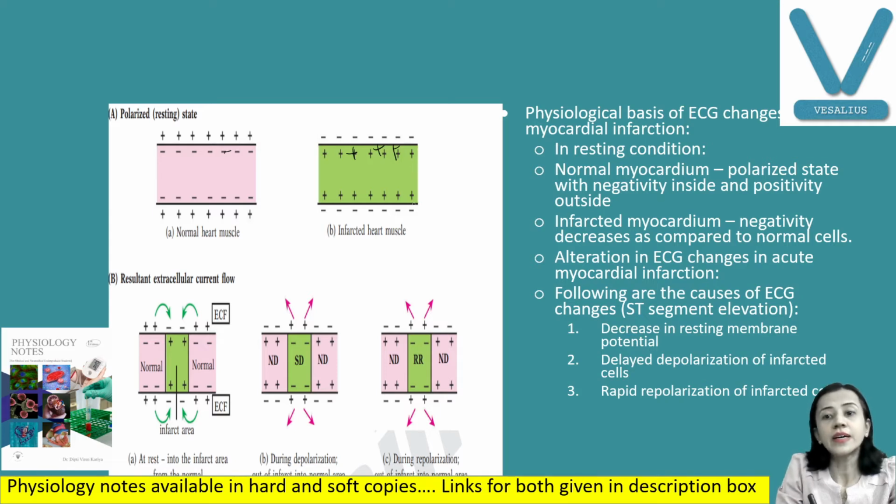The alteration in the ECG in acute myocardial infarction is ST elevation in the leads of the affected areas. What are the causes for these ECG changes? One, decrease in the resting membrane potential, it is less negative, in the infarcted area. Second, delayed depolarization of the infarcted area.